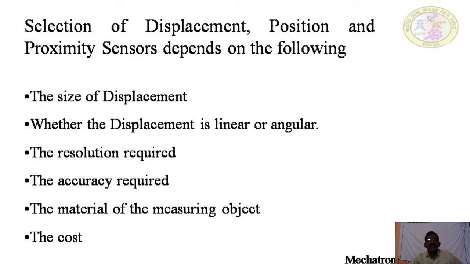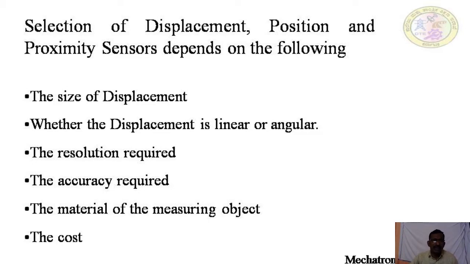The selection of displacement, position and proximity sensors depends on the following: the size of displacement. It's a quantity of displacement of an object. It's a span or a limitation or a size.